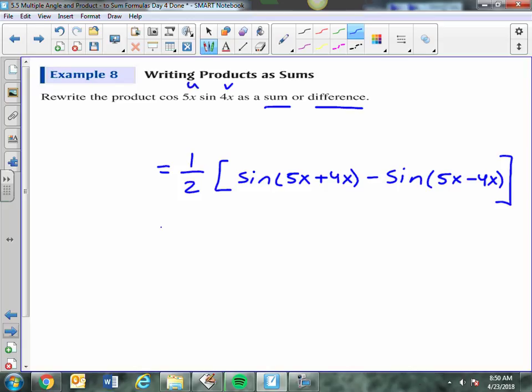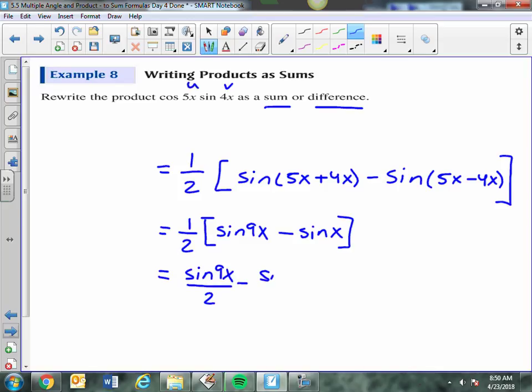All right, so simplifying this, you can add the 5x and 4x, so we would get a 9x on the inside, so we get sine 9x, okay, and then we get minus sine x. Okay, so if I were to simplify this a little further, I can take the 1/2 through, which is sine 9x over 2, and then minus sine x also over 2.